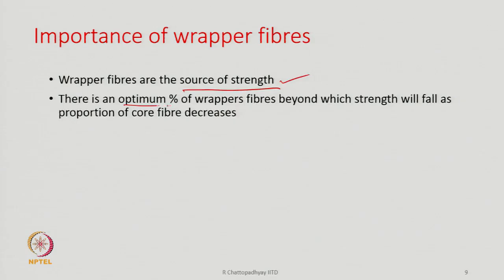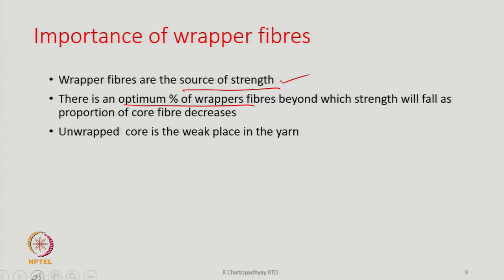So, it has been found that there is an optimum percentage of wrappers beyond which, if we try to generate more wrapper fibers, the yarn strength will go down. And that optimum percentage is around 15 to 20%, not more than that.